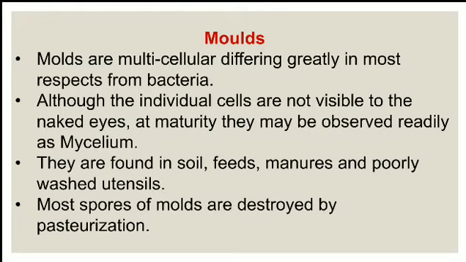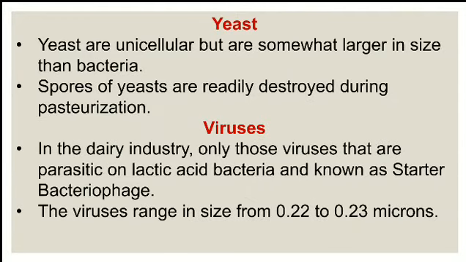They are found in soils, feeds, manures, and poorly washed utensils. Most spores of molds are destroyed by pasteurization. The next is the yeast. Yeasts are unicellular but are somewhat larger in size than bacteria. The spores of yeast are readily destroyed during pasteurization.